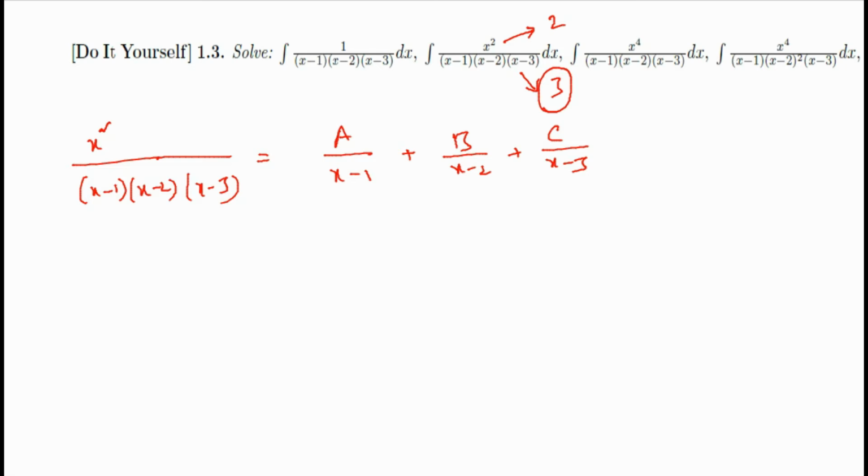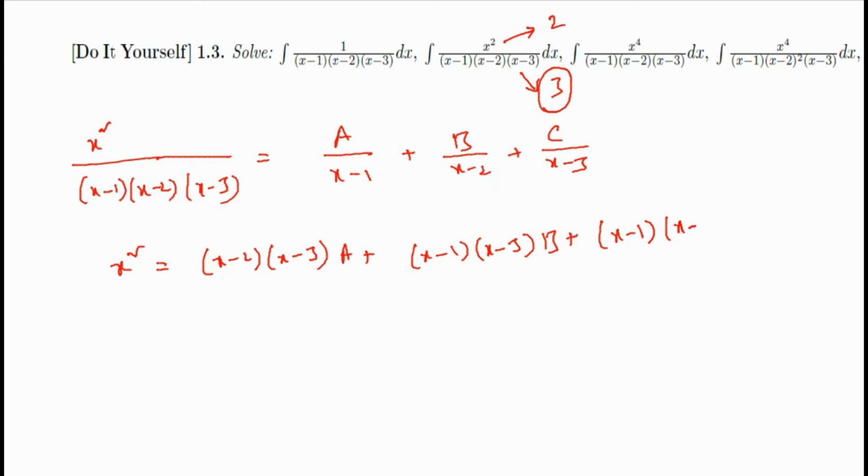And again the same process, we will multiply (x minus 1)(x minus 2)(x minus 3) to both sides. So x square equals (x minus 2)(x minus 3) into a plus (x minus 1)(x minus 3) into b plus (x minus 1)(x minus 2) into c. And again we will put x equal to 1, 2 and 3 to get the values of a, b and c, and then we can integrate this easily.